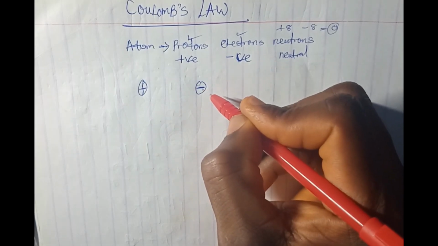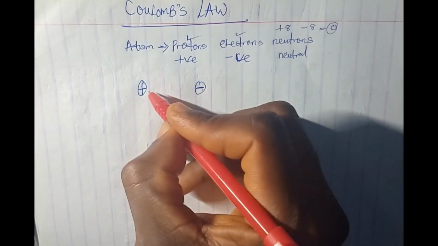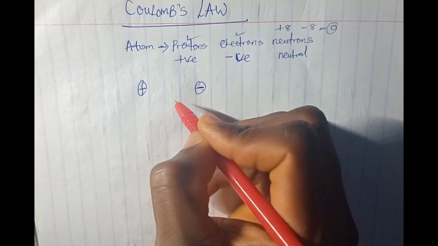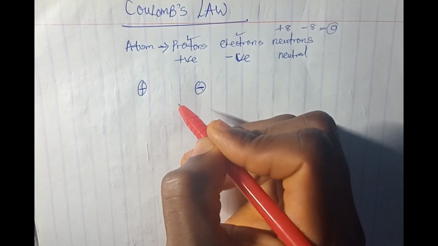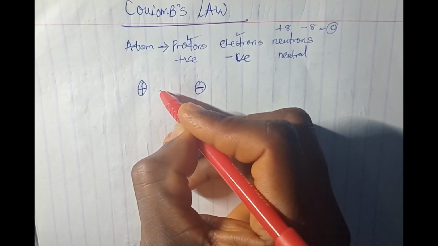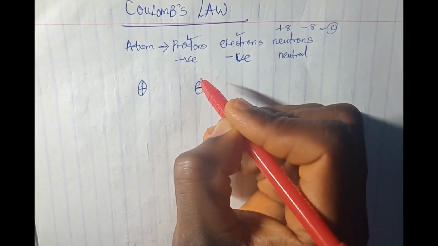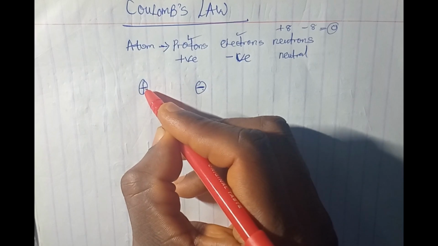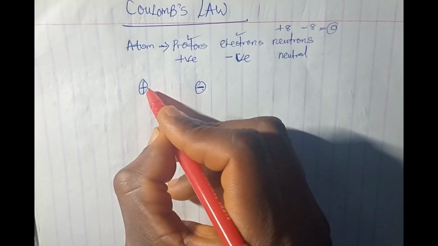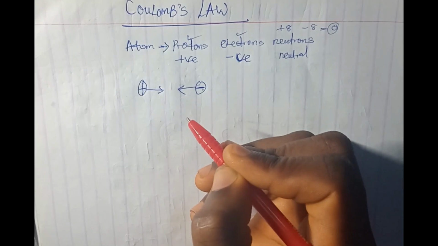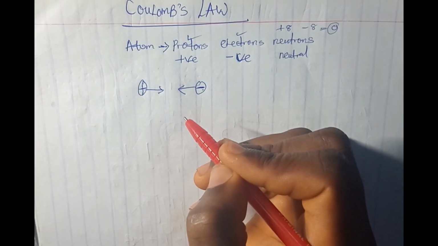I hope it's clear. Now, we are told that when these two small charges are placed to some extent closer, they would either attract themselves or repel themselves. Now you see this, I have a positive charge and a negative charge. In this case, they attract themselves. Is that clear?